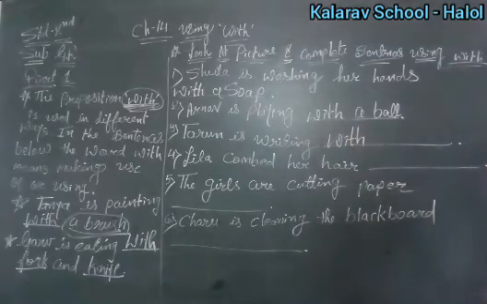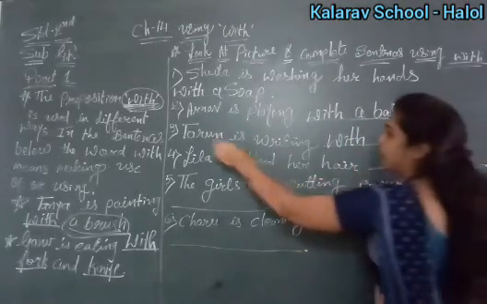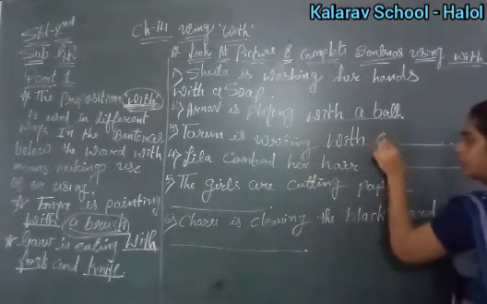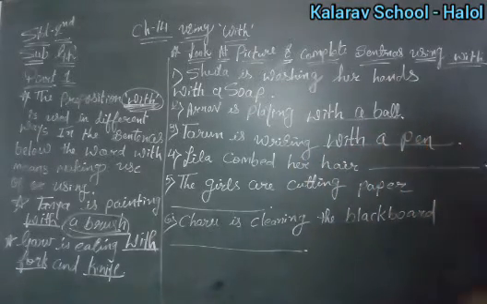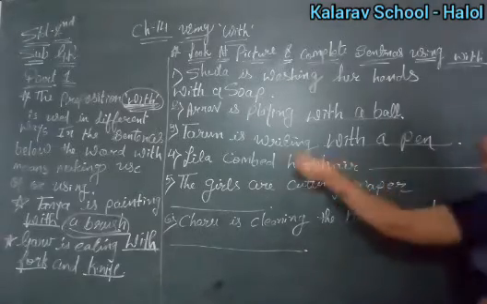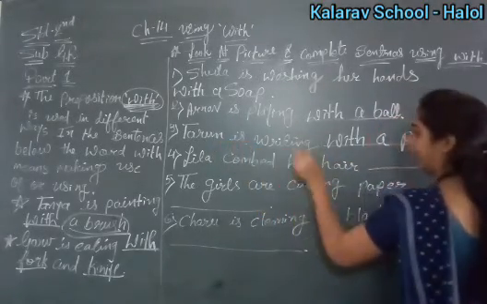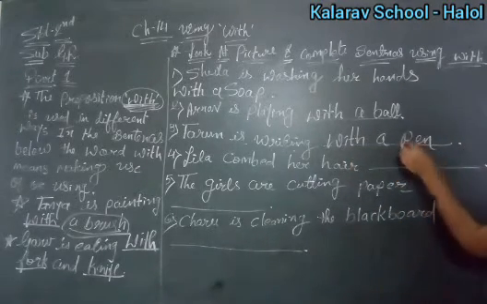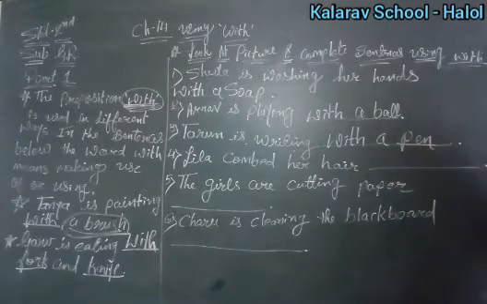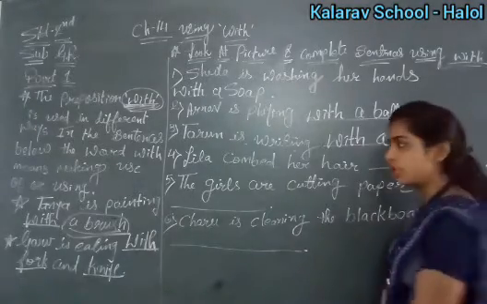W-I-T-H, with. Tarun is writing with what? He is writing with a pen. So Tarun is writing with W-I-T-H और pen. Pen का spelling क्या होता है? P-E-N. Clear? Now see next.